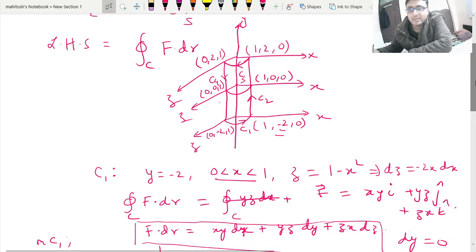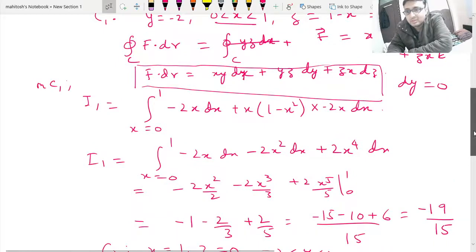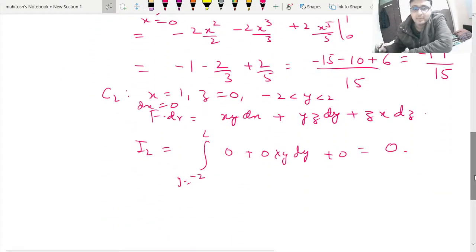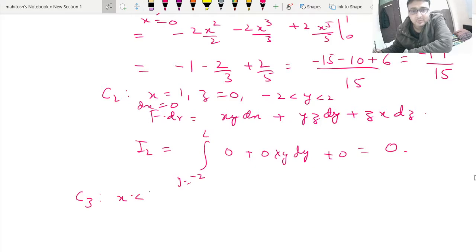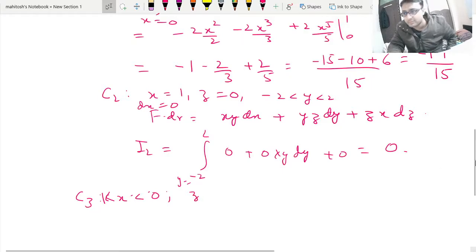Here we can see that y is equal to 2, and x varies from 1 to 0, and z is the cylinder that we will write, the same as for C1. So for C3, x varies from 1 to 0. What is the z value? We can look up here.